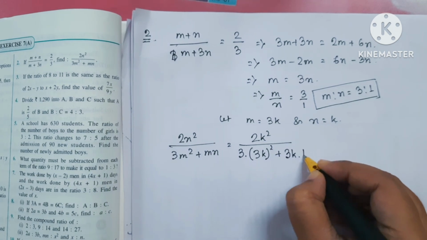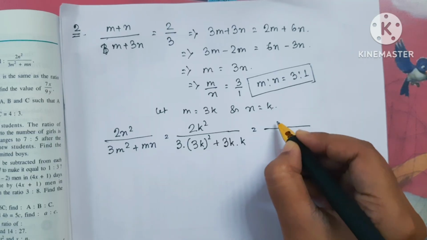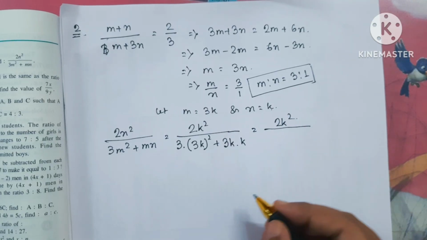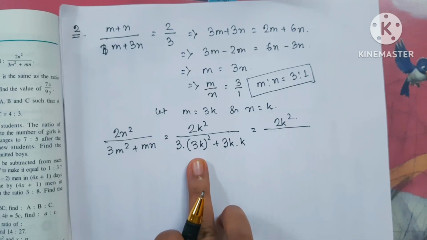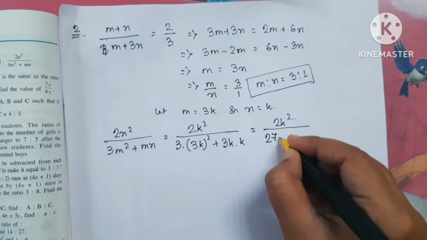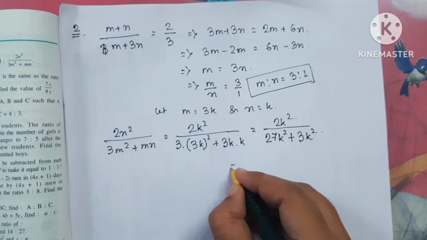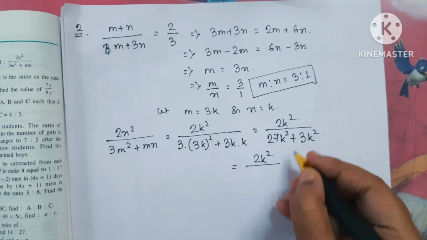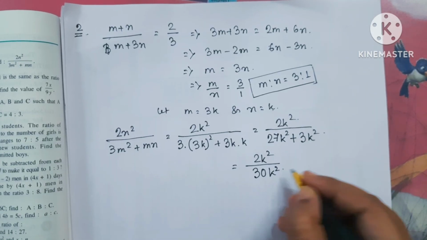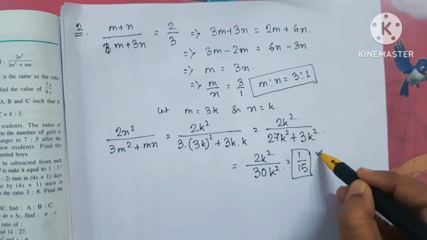At the numerator you will get 2k square, and in the denominator 3 into 3 square. 3 square means 9, and 3 into 9 becomes 27. 27k square plus 3k square, so you will get 2k square over 30k square. So you will get 1 by 15. So this will be the answer.